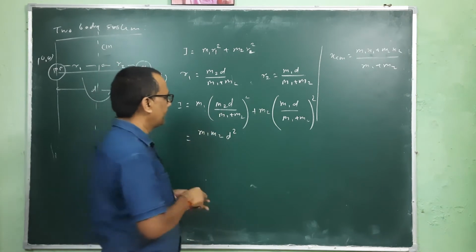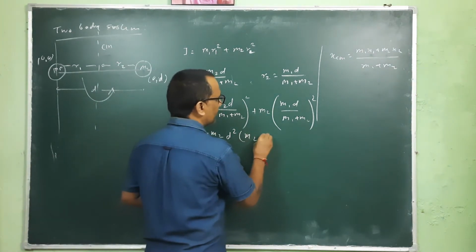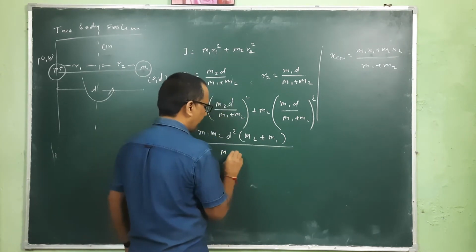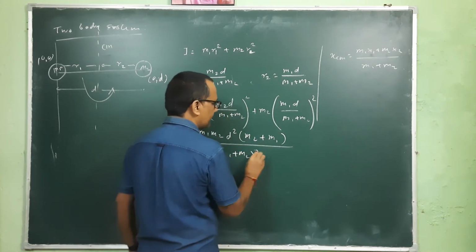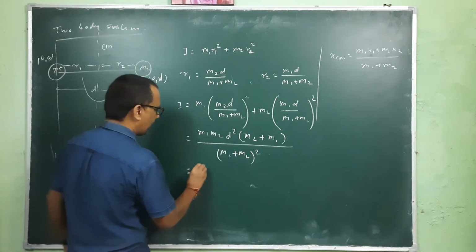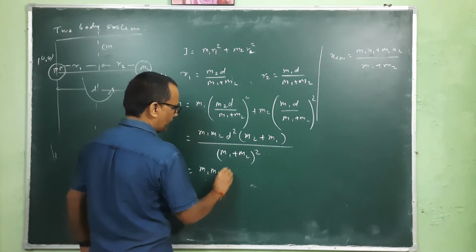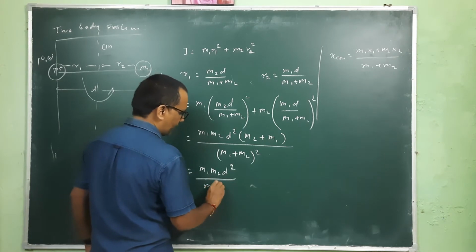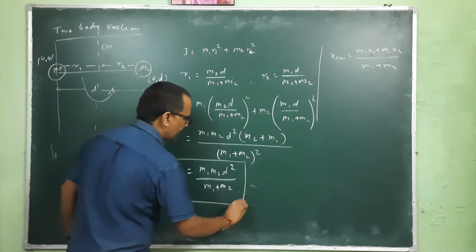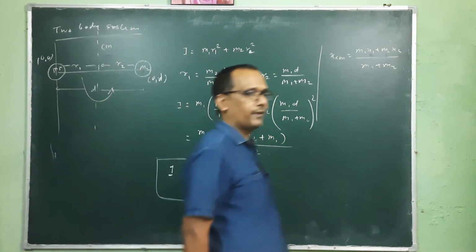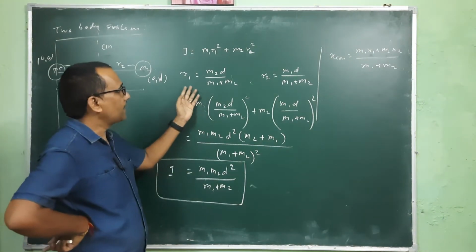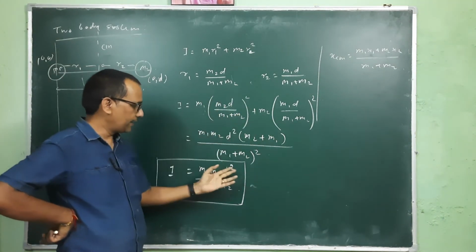Here there will be m2, here there will be m1, by m1 plus m2 squared. And we can cancel, so we get m1 m2 d square by m1 plus m2. This is the moment of inertia of the system of two particles. Okay, clear? So by putting r1 and r2, we can get this.